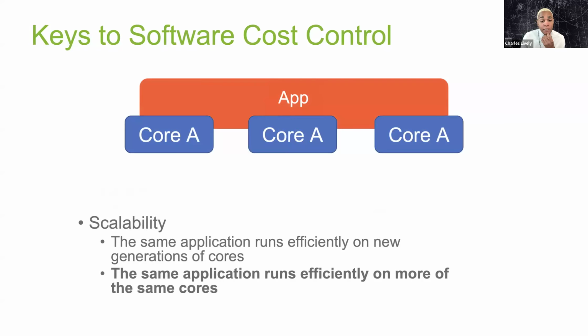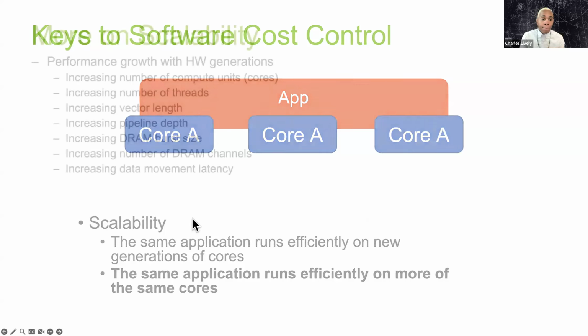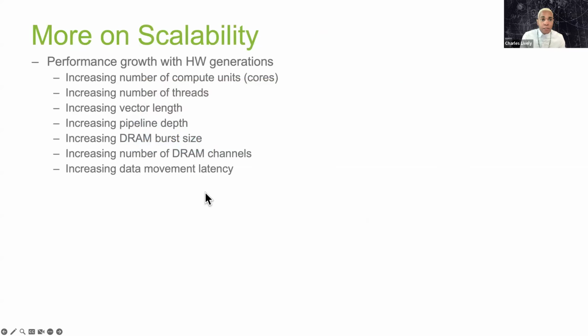And so with scalability, we want to consider: we have an application, and does it run efficiently across various cores? You want to run that application efficiently across each core. When we think about scalability when it comes to hardware and performance costs, one way that we have been able to do that is by increasing the number of compute units, as well as the number of threads, and increasing the vector length.